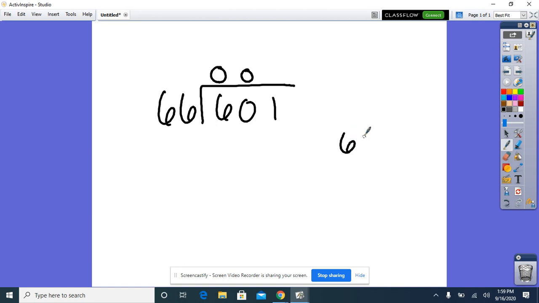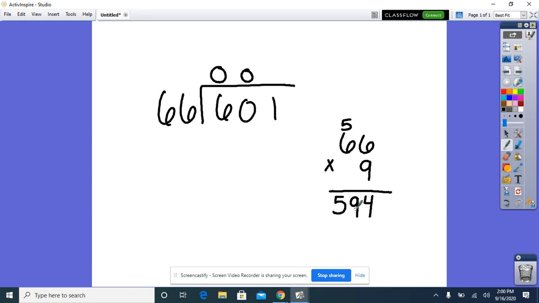So let's try 66 times 9. Okay, 9 times 6 is 54, so we put our 4 here, put our 5 here. We've learned this. 9 times 6 again is 54, plus 5 is 59. So when I do 66 times 9, I'm not going over 601.